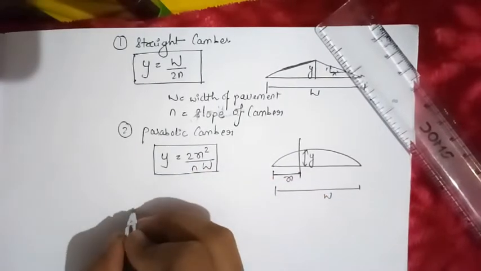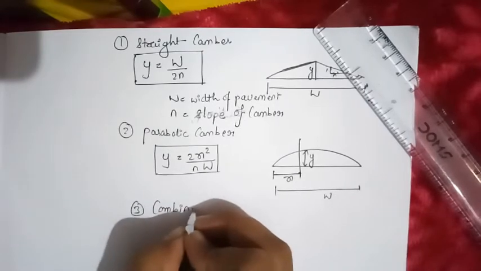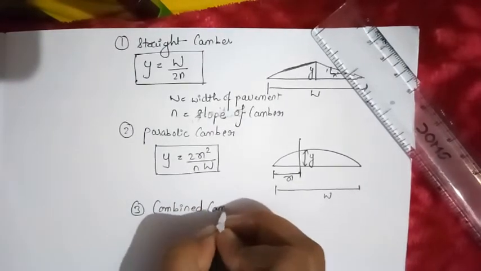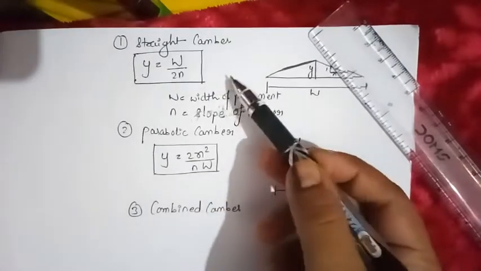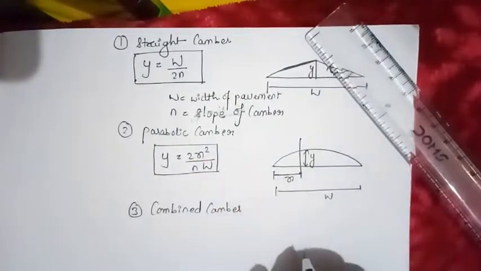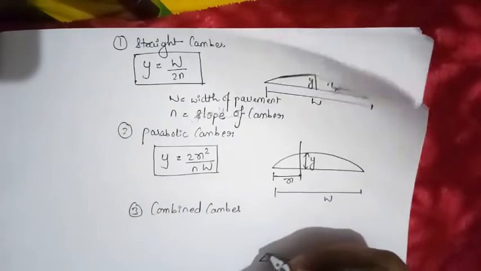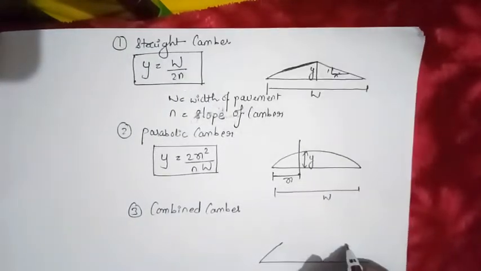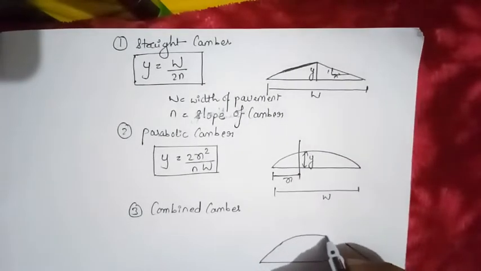Third one is the combined camber. What is combined camber? Combined camber has the advantage of both straight camber and the parabolic camber. So it is provided in this way. This is straight camber up to a certain distance, and it is also straight camber up to a certain distance, and it will join parabolically at the center point.